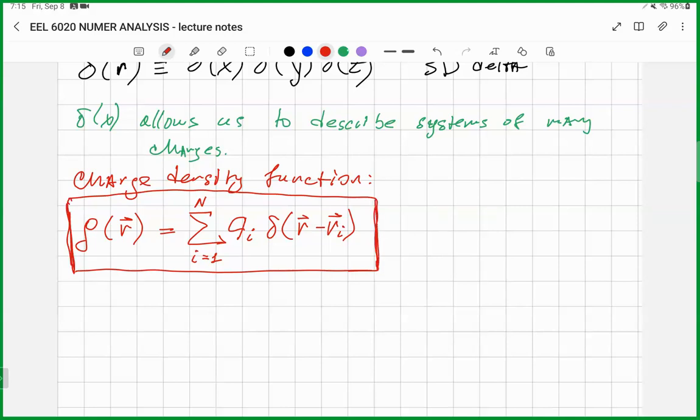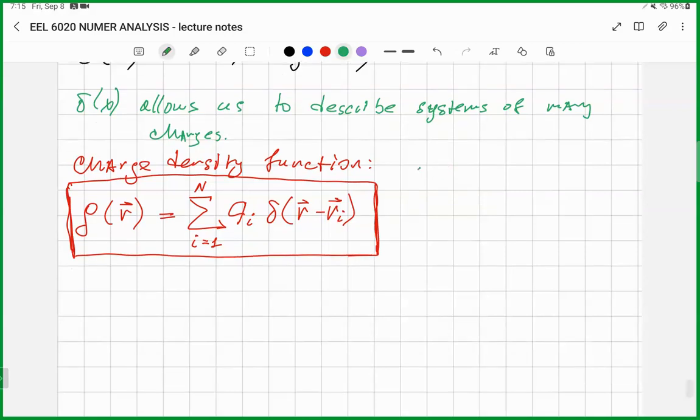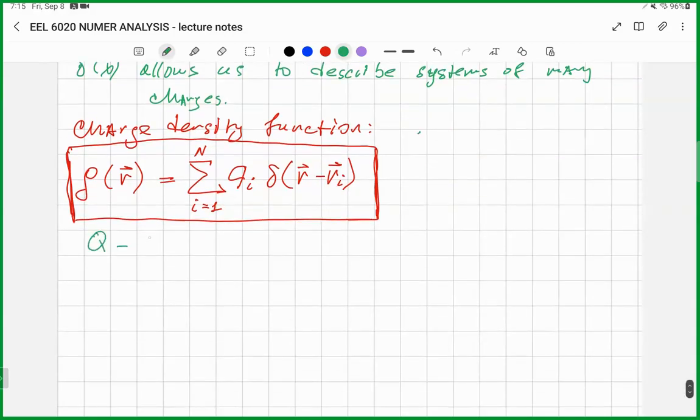Let's also write that we will need the total charge Q. Q is the total charge. Qi is the charge of particle i.